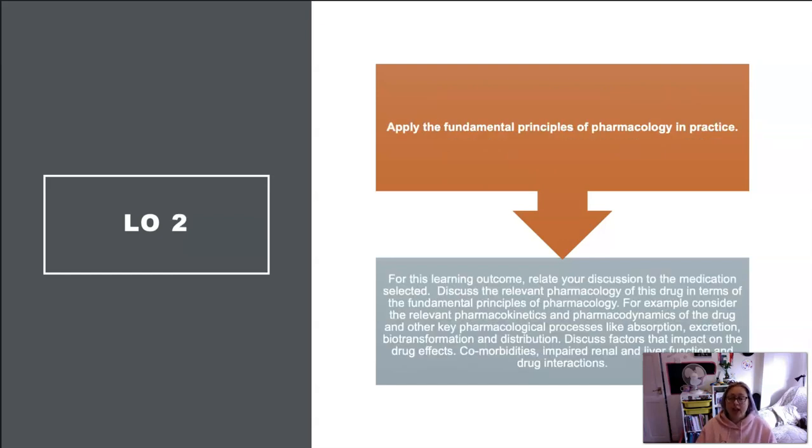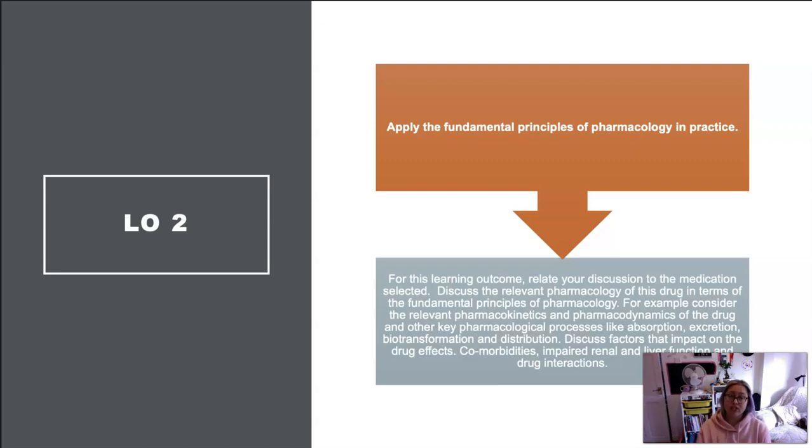So the second learning outcome, this is probably going to be one of your most in-depth learning outcomes. And this is really where you're going to apply the principles of pharmacology in practice. So in the first session, we're going to do a really good recap on the pharmacokinetics and pharmacodynamics of medication and how a medication actually works within the body.